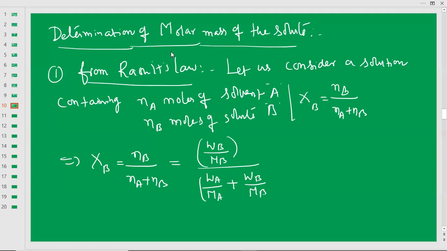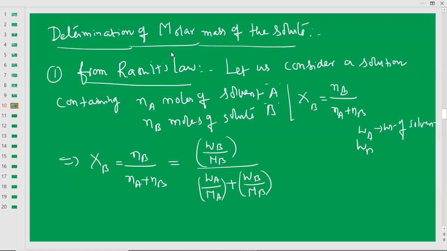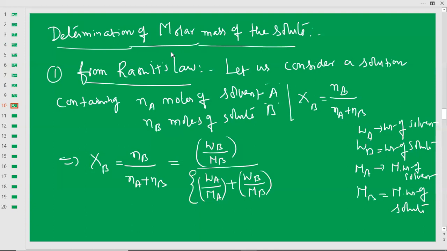So here what is WA, WB and all these things? WA is weight of solvent. What is WB? That is weight of solute. What is MA? MA is nothing but molecular weight of solvent. What is MB? That is molecular weight of solute. Okay. So this is entirely present in the denominator.